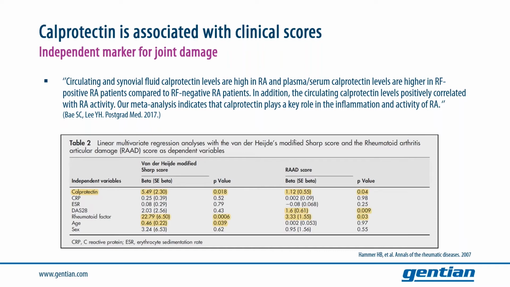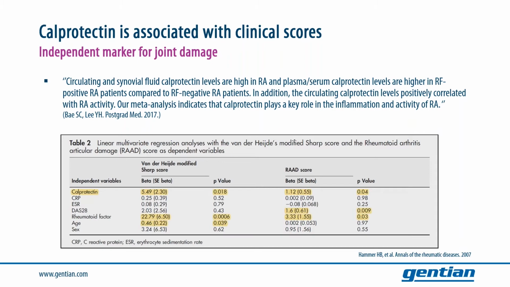Throughout the study, they found calprotectin levels were significantly higher in the RA group than in the control group, significantly elevated in the RF-positive RA group compared to that of the RF-negative RA group, and they found significant positive correlation between calprotectin levels and CRP or DAS28 clinical score. So in conclusion, the author summarized that the calprotectin levels correlated with disease activity, and calprotectin plays a key role in the inflammation in RA.